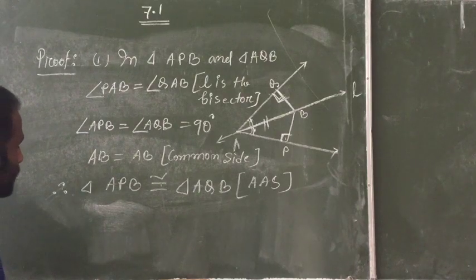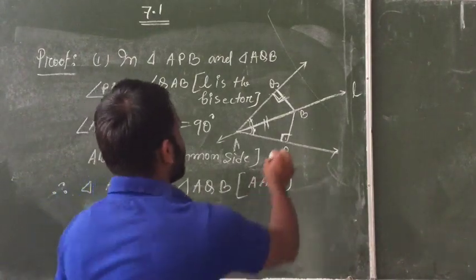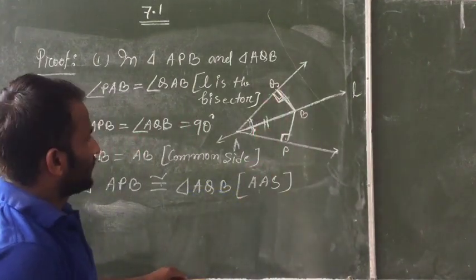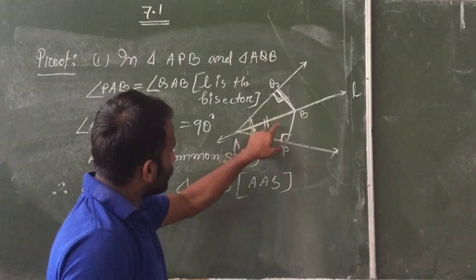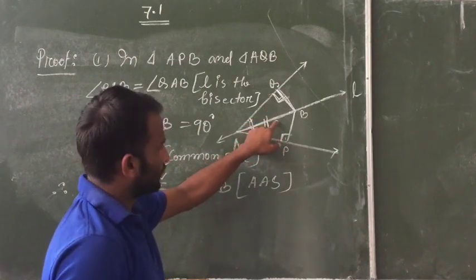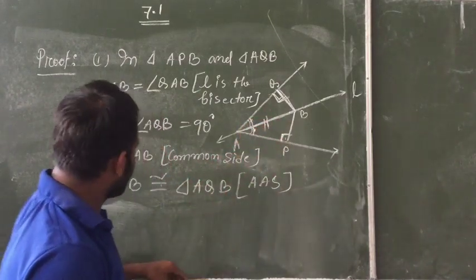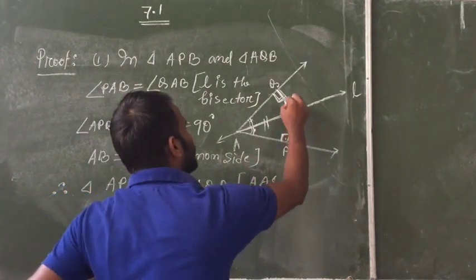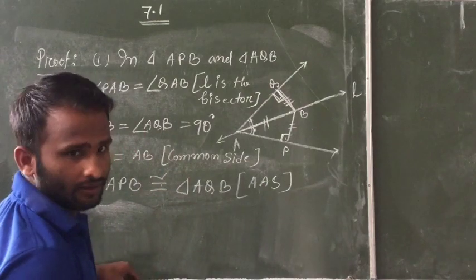So second one is there. We need to prove that BP and BQ are equal. Since these two triangles are congruent, we have already proved. So in two congruent triangles, we know all corresponding parts are equal. So these two parts will be equal since the triangles are congruent.